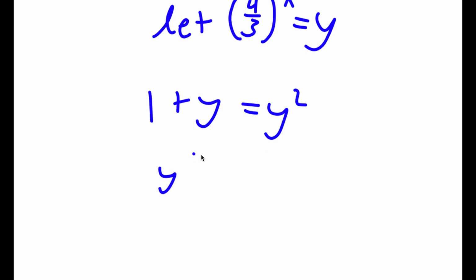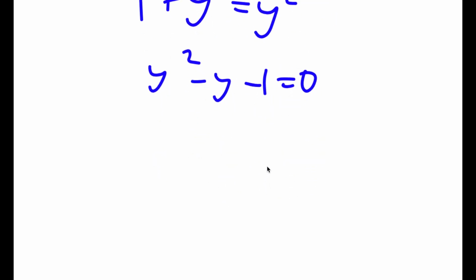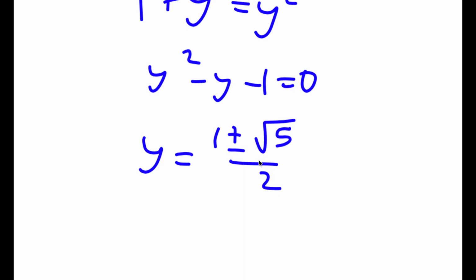This is the same thing as y squared minus y minus 1 is equal to 0. Now by using the quadratic formula, I'm not going to do it now, but you should get that y is equal to (1 plus or minus the square root of 5) over 2.